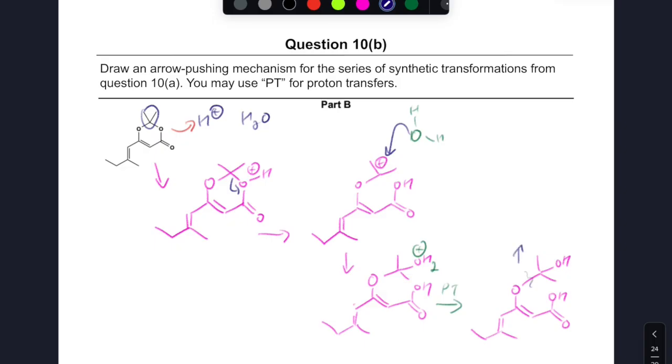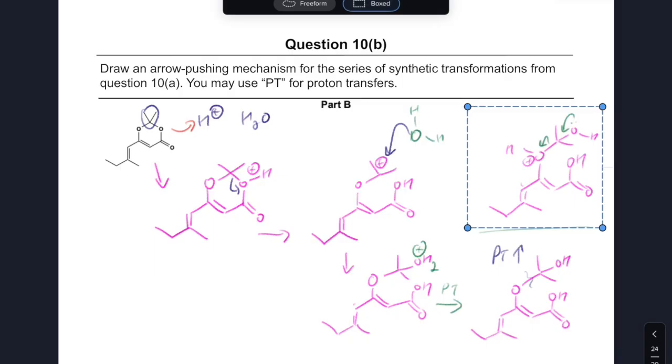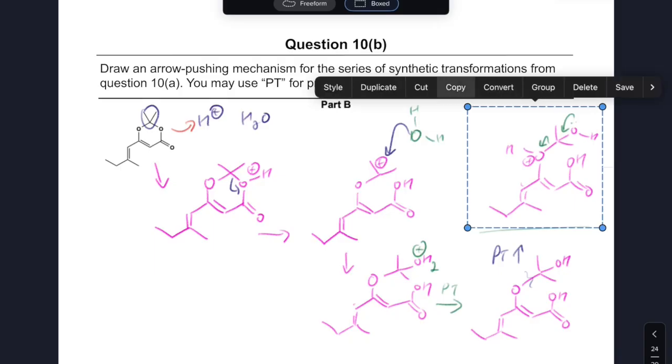So we're going to go through another proton transfer at that step to give you your OH plus and OH. And we're just going to basically eliminate that fragment. So that gives you this point. Now I'm just going to grab this one, and we're going to continue the mechanism. We've got a little bit more room.